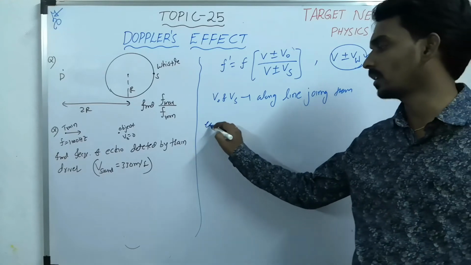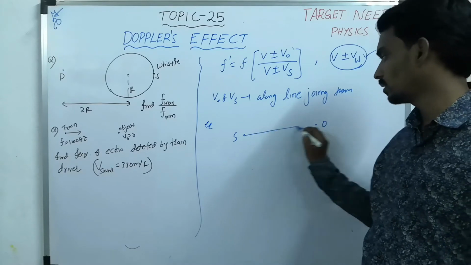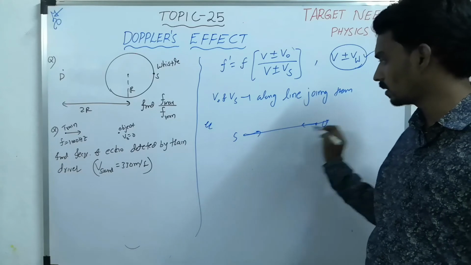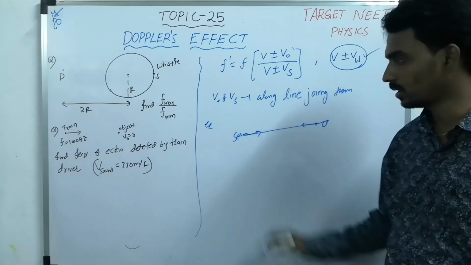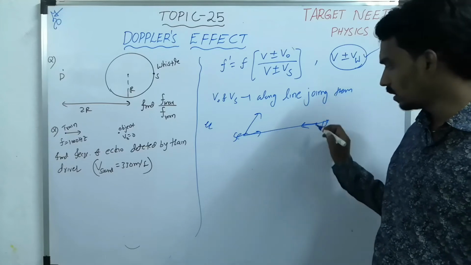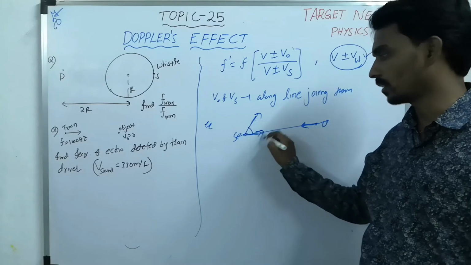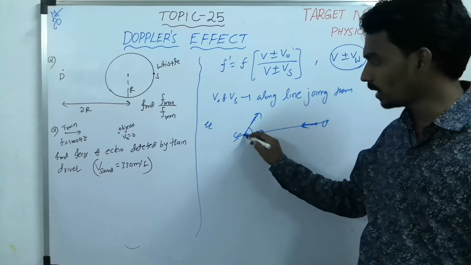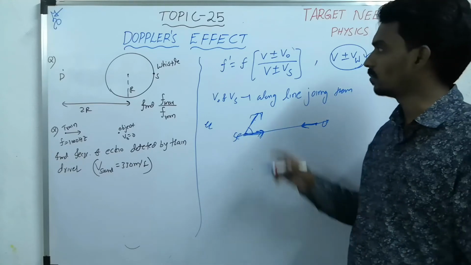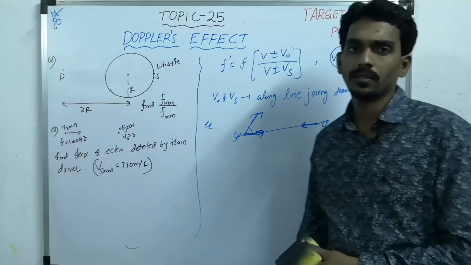For example, if this is source, this is observer, this is the line joining. If they move along the line, no problem. But if this is moving like this and this is moving like this, then you have to take the component. The components of velocity along the line joining them are these v naught and vs.